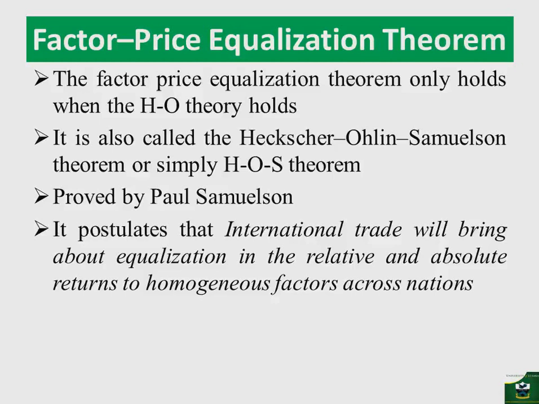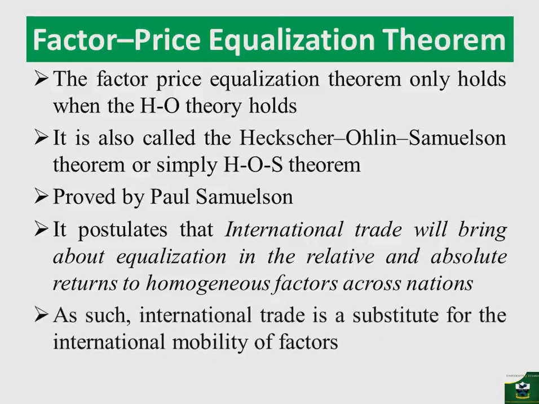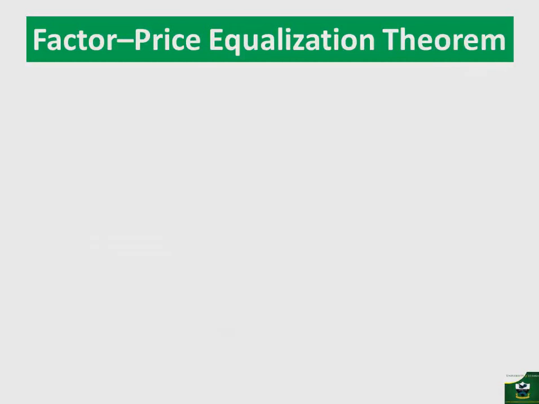As opposed to transporting labor to another nation, the nations will specialize in producing commodities which are intensive in their abundant factor, and trading between nations will allow the prices of the factor inputs to be equalized. As such, we say international trade is a substitute for international mobility of factors.